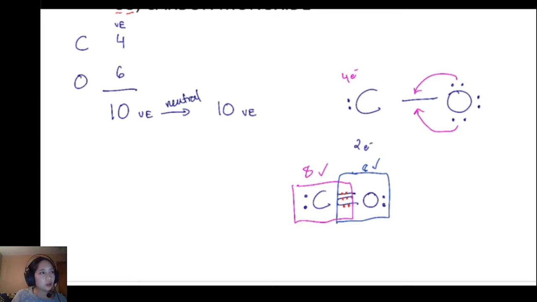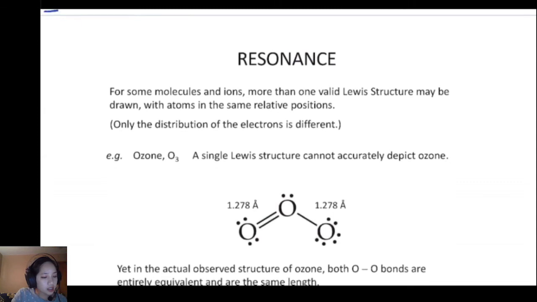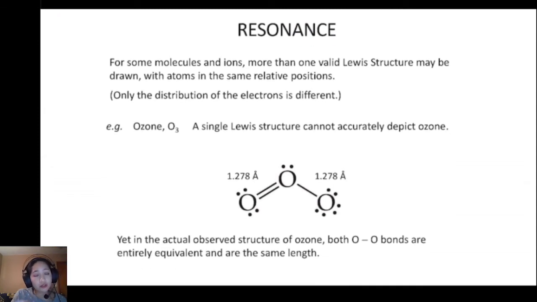So let's dive a little bit deeper into Lewis structures. This brings us onto resonance, which is a feature that we see when drawing different Lewis structures. Essentially, for some molecules and ions, there's actually more than one valid Lewis structure that you can draw, with all of the atoms in the same positions.